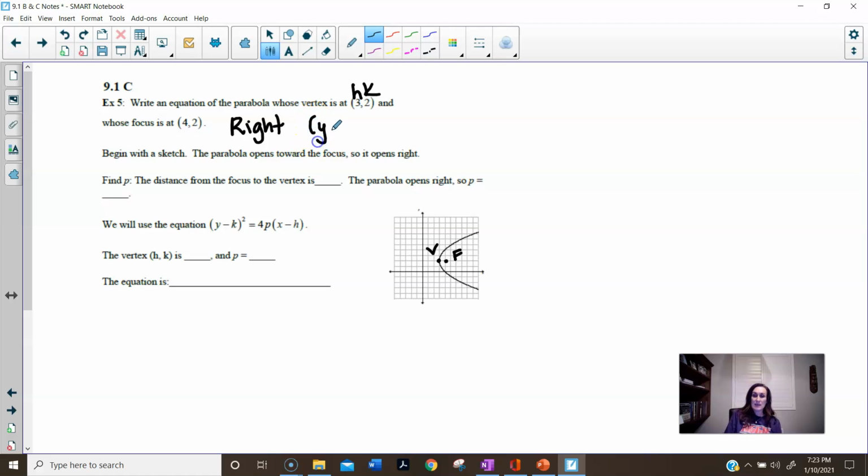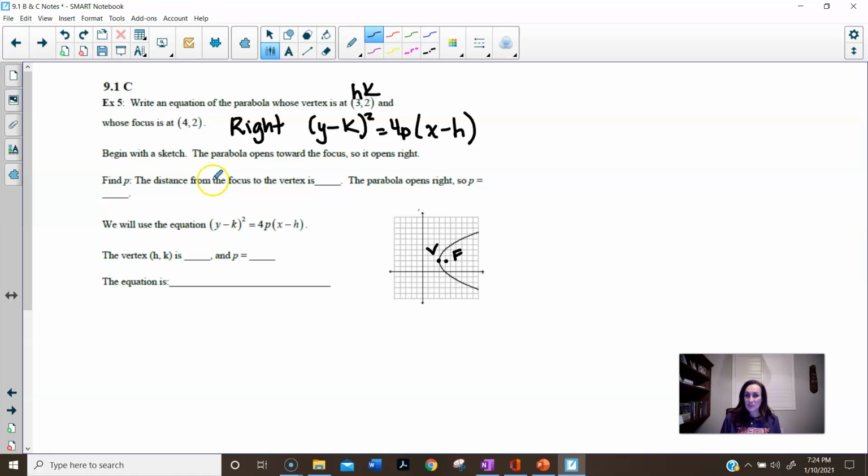So it would be y subtract k, again, k's always go with y's, squared, equals 4p, and then the x subtract h will not be squared. Parabolas always only have either the y or the x squared, not both, or then you're looking at circles, hyperbolas, or ellipses.